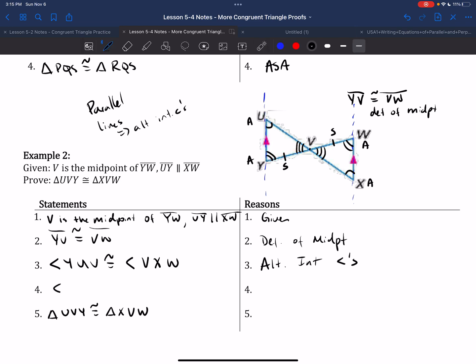Angle UYV is congruent to angle VWX, and that's because of alternate interior angles. Okay, now number 5, we already talked about angle, angle, side. That is going to show that these two triangles are congruent.